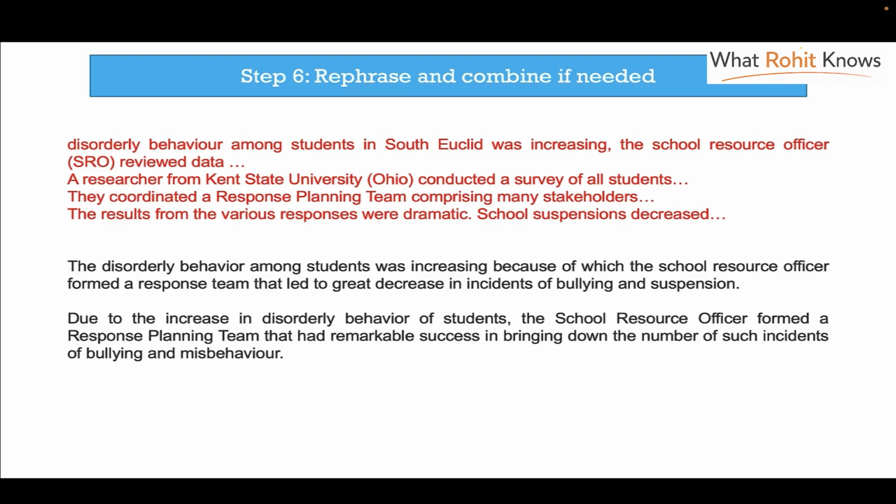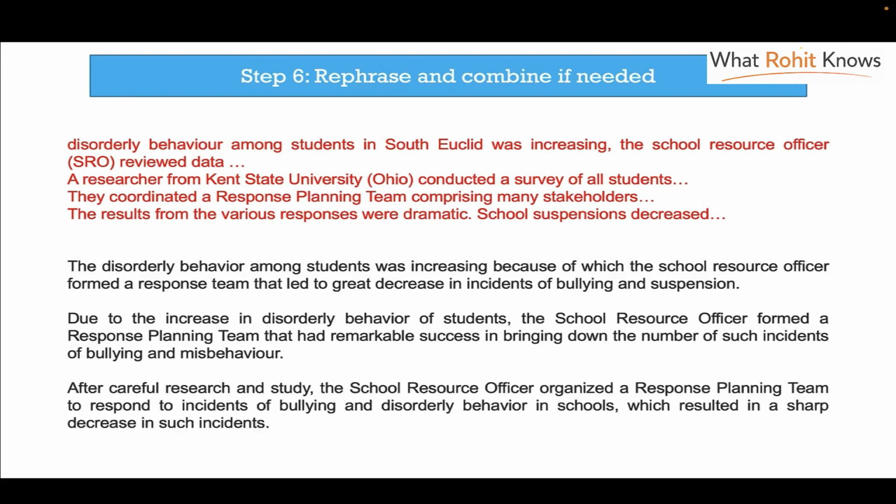You can do better. You can rephrase, you can write something like this: due to the increase in disorderly behavior, formed a response planning team, etc. Or you can even write it like this: after careful research and study, the school resource officer organized a response planning team to respond to incidents of bullying and disorderly behavior in schools, which resulted in a sharp decrease in such incidents.